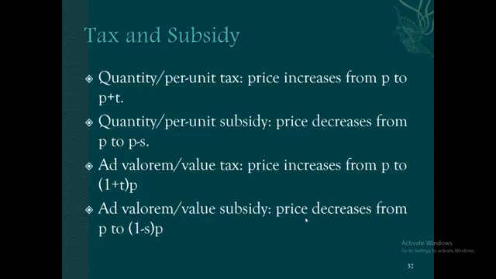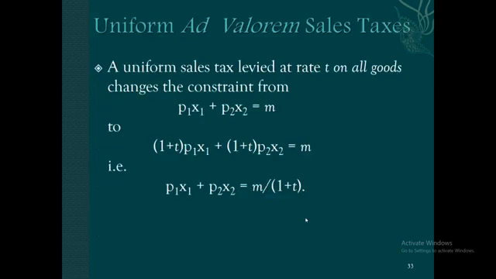So if you have a tax, the overall price of the commodity will increase. That means the affordability of that falls. It means that an imposition of a tax will take away your purchasing power. At the same time, a subsidy will always give you better purchasing power. So this is the kind of understanding.